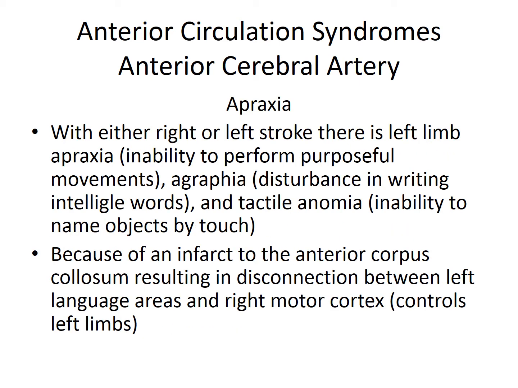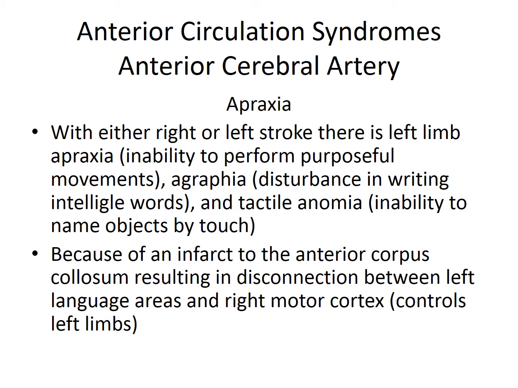So continuing on with an anterior cerebral artery infarct or deficit or syndrome, we would also expect to see apraxia. With either right or left stroke, there is going to be a left limb apraxia, and this is actually because of the corpus callosum being affected and therefore no communication between both hemispheres.